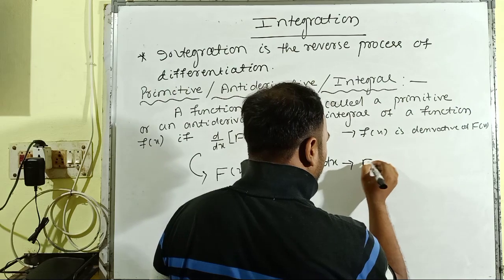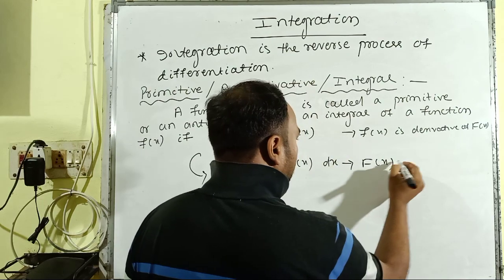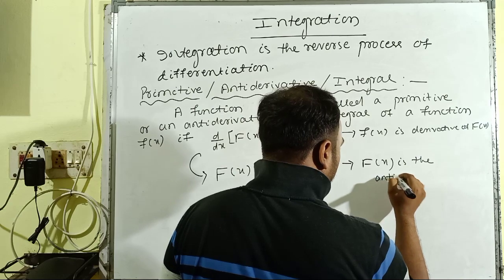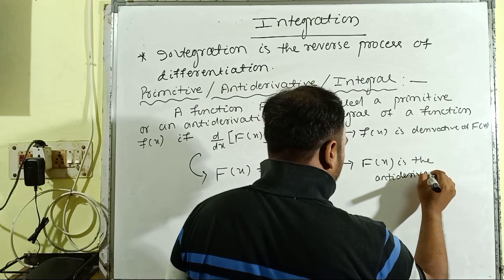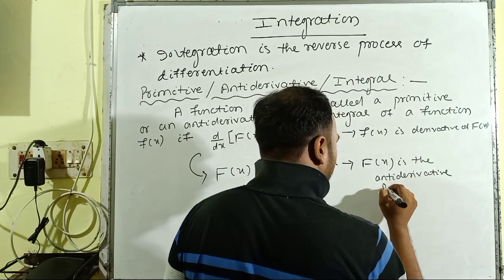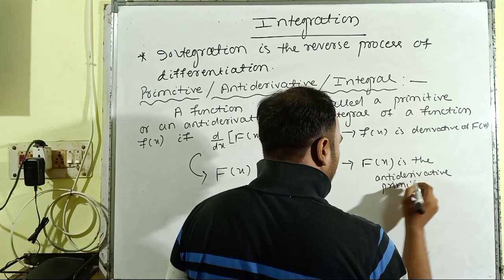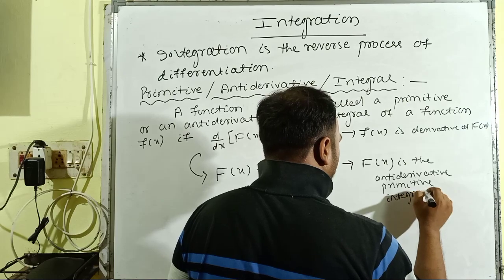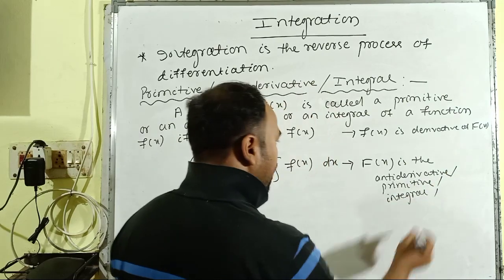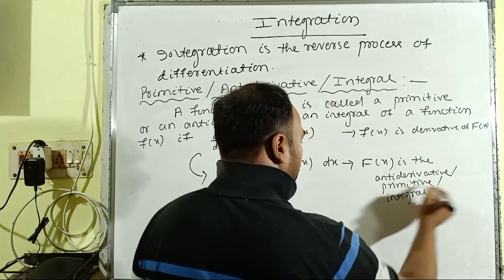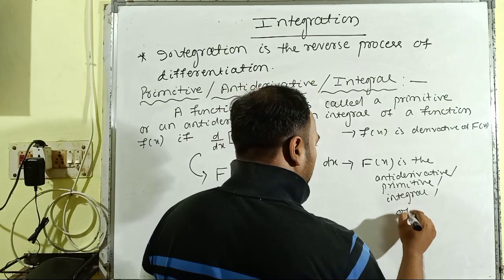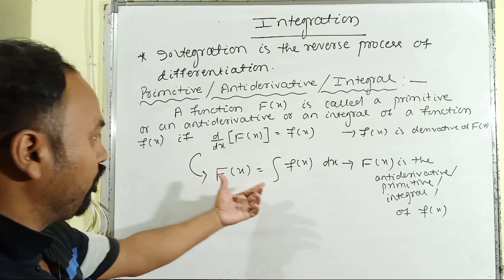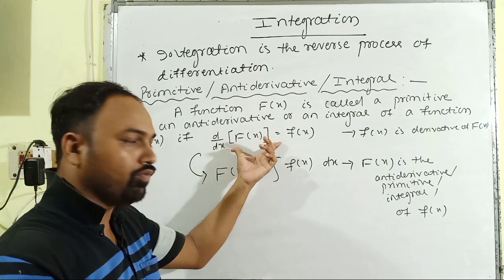So capital F of x is the antiderivative, or you can say primitive, or you can say integral. You can take any one of the three words, it is the antiderivative or primitive or integral of small f of x. So this is the process of integration and this is the process of derivative.